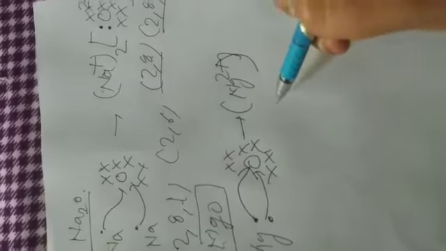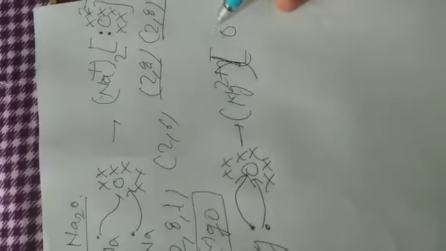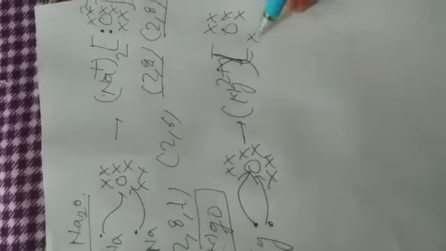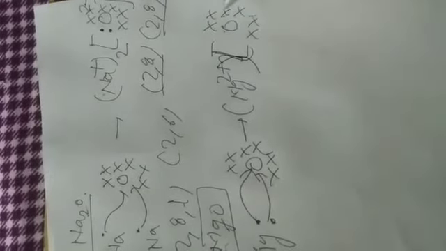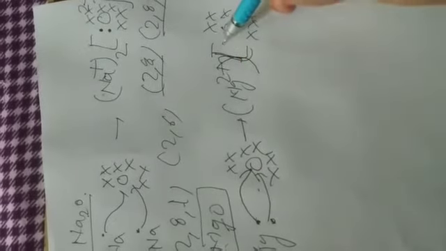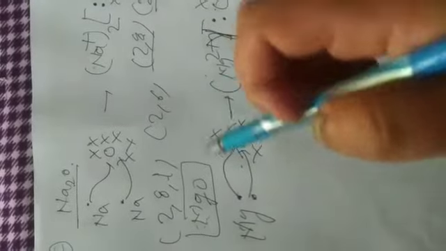The 6 electrons of oxygen are represented by X and the 2 electrons of magnesium by dots. So a 2 negative charge is on oxygen. This is the structure of magnesium oxide.